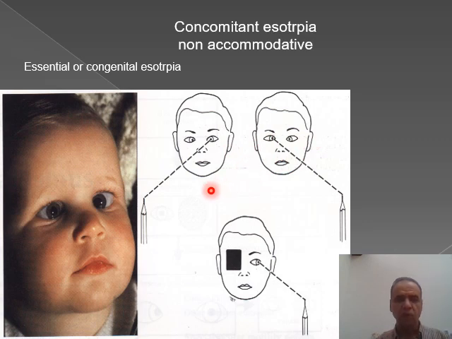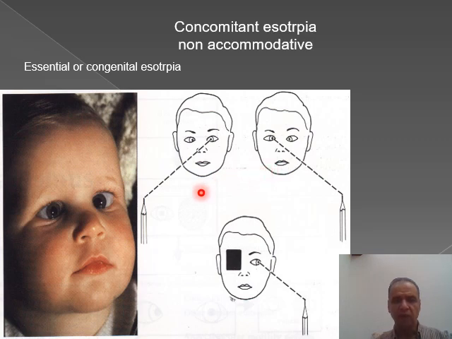Usually, the refraction is normal for their age. I mean, they usually have hypermetropia less than 3 diopters, and there is normal AC over A ratio.